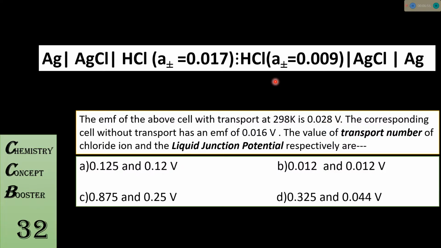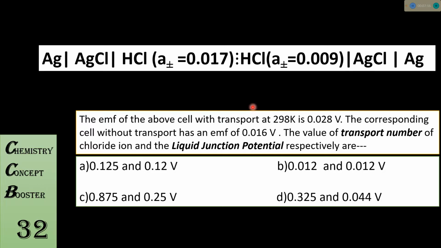So yeah, in our upcoming videos we will discuss details about cells without transport and cells with transport, and we will see how we establish the expressions for cell EMF in each case.